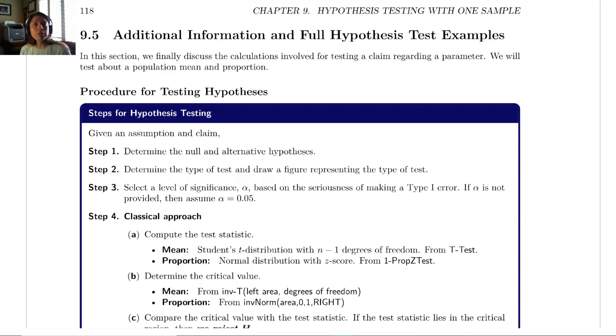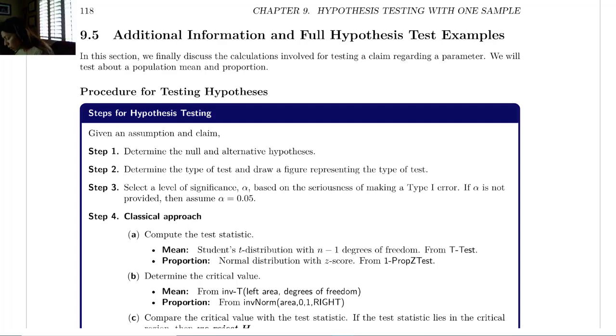But there's also the classical approach, and it's a nice approach, but it has the word classical in it for a reason. And then the third method is confidence intervals. So that's kind of a useful thing. Now we get to see it in a different light. So let's just go through the procedure and then we're just going to hammer out some examples.